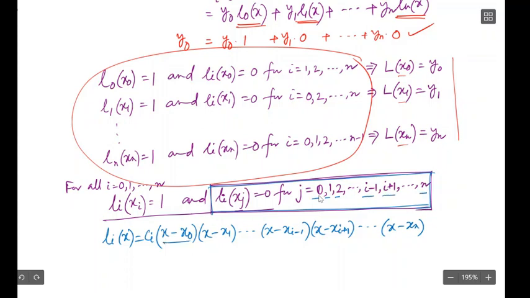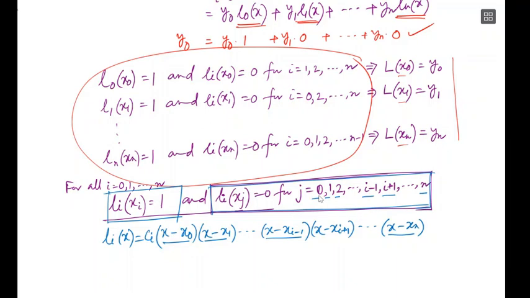So, x minus x0 is a factor, x minus x1 is a factor, x minus xi minus 1 is a factor. In this way, x minus xn. So, all these are linear factors of Li(x). When they are multiplied, the product itself becomes a polynomial of degree n. So, the polynomial Li(x) will be a constant multiple of all these linear factors, and this constant Ci can be determined from the other relation Li(xi) equals to 1.